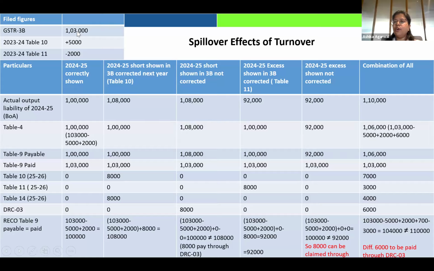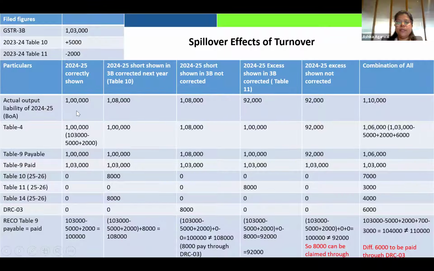Now we will move forward with an example. In the first one, we have correctly disclosed. Our actual output liability is 1 lakh. But how much have we paid in 3B? 1,03,000, because 3,000 belongs to last year.